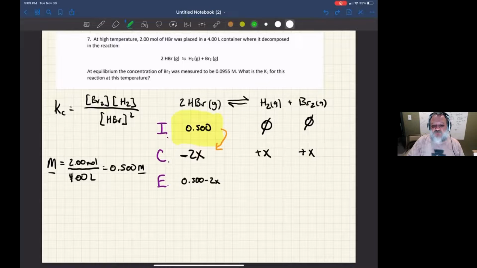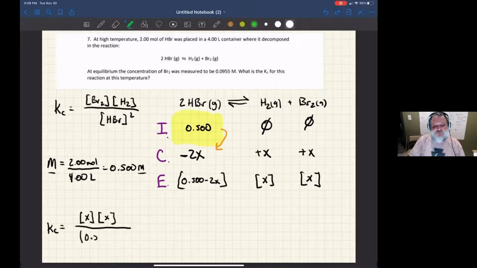So 0.500 minus 2X. 0 plus X is just X, and 0 plus X is just X. And so now I have a way to deal with the entire equilibrium expression in terms of a single variable. So I can write that it's X times X over 0.500 minus 2X quantity squared.